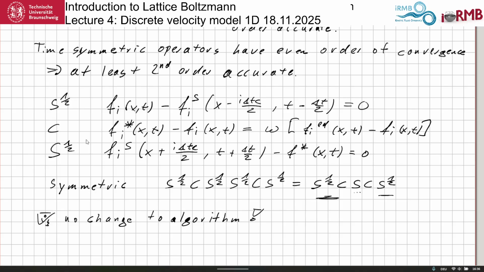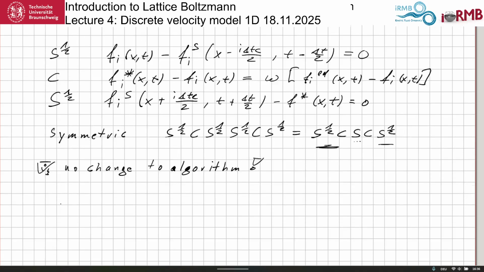So now what we do instead is we combine, and the combined version would then look like this. We say that Fi at x plus I delta t c divided by 2, at t plus delta t half. So we forget about this Fs.